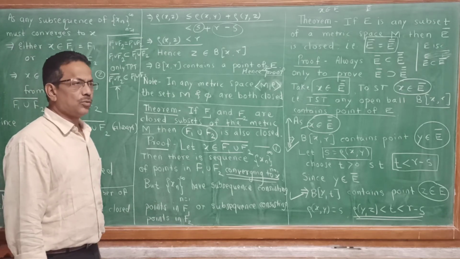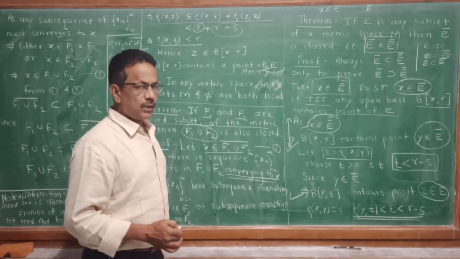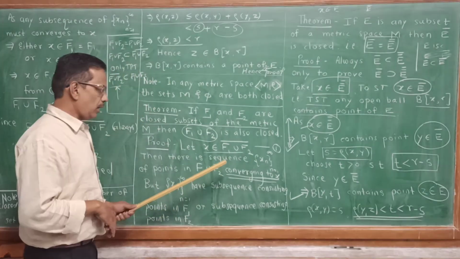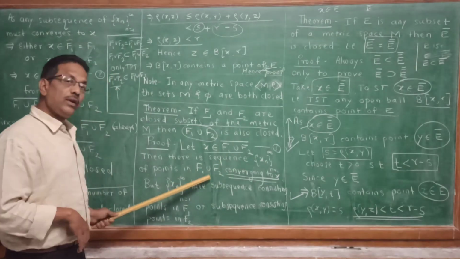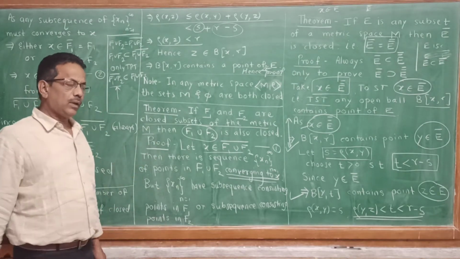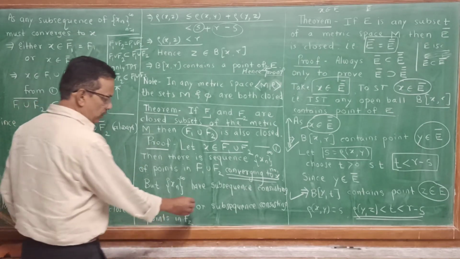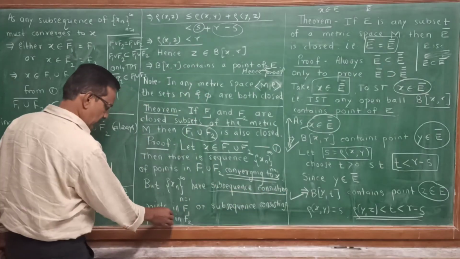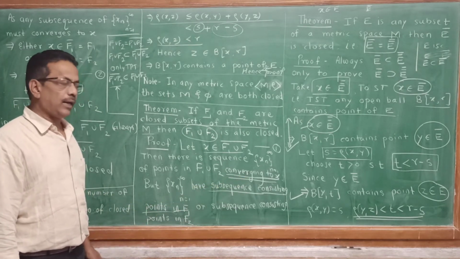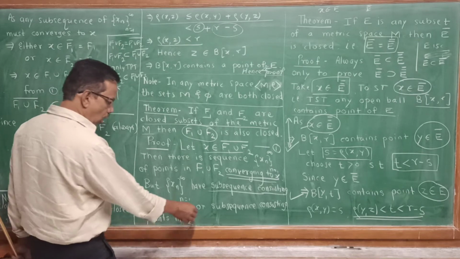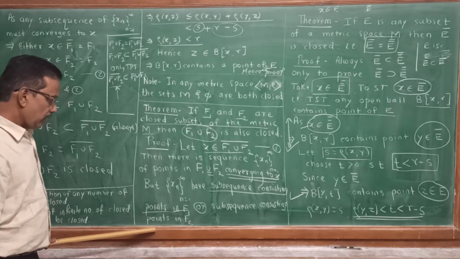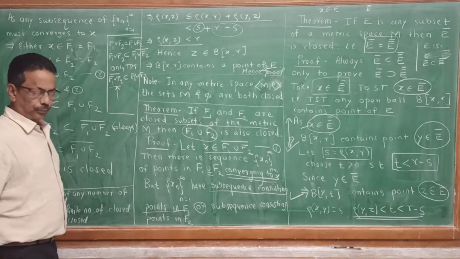When we say x belongs to E bar, then there is a sequence xn of points of E that converges to x. Here, there is a sequence xn of points in F1 union F2 converging to x. Apply this definition of closed. But xn has a subsequence consisting of points in F1, or, because here is the union, a subsequence consisting of points in F2.